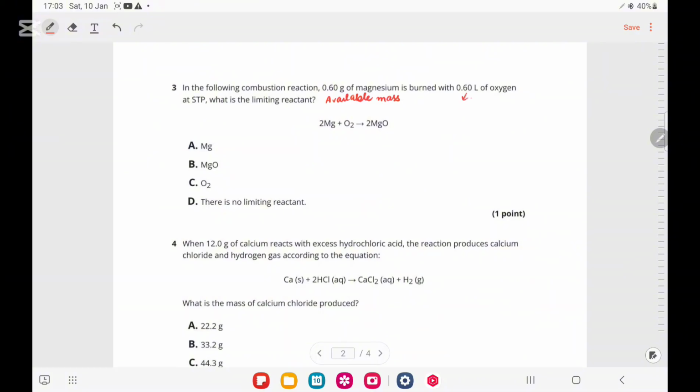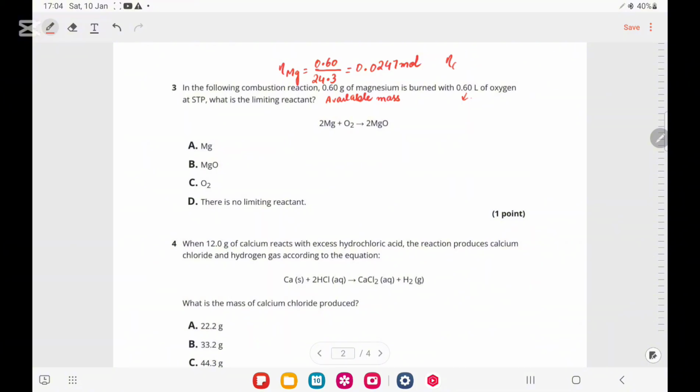First we need to find the moles. To find the moles of magnesium, the formula is 0.60 divided by 24.3, and that comes out to be 0.0247 mole of magnesium. That is the available mole of magnesium.